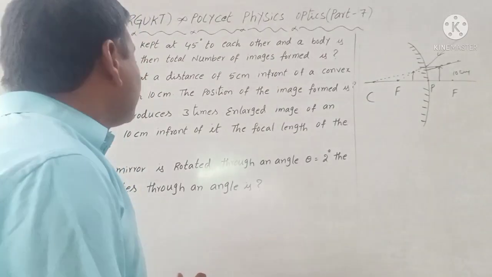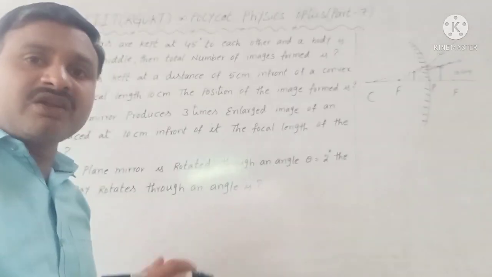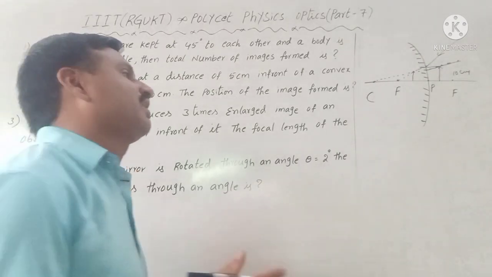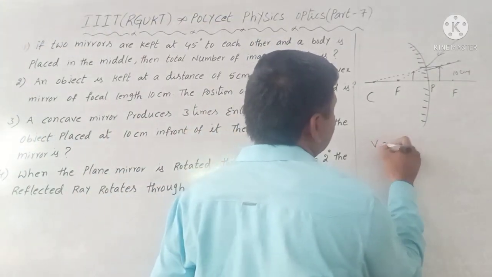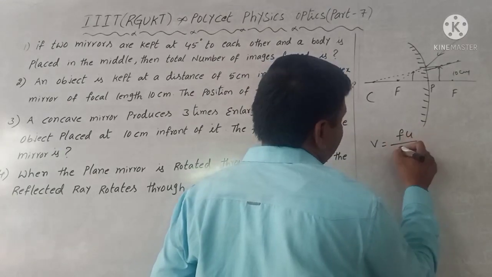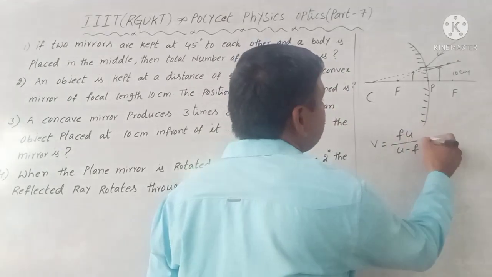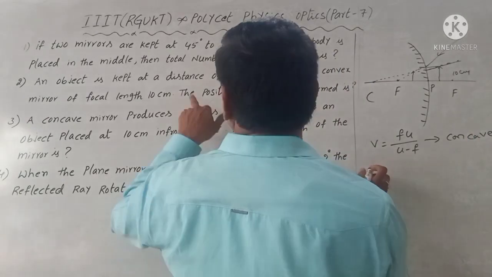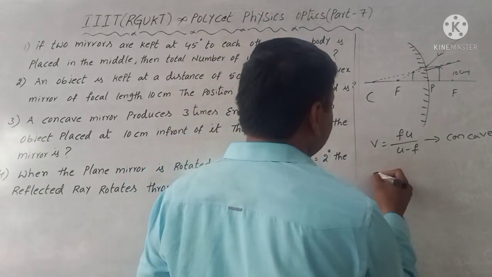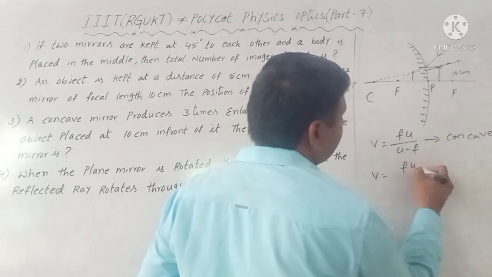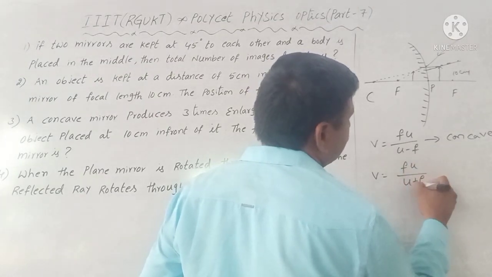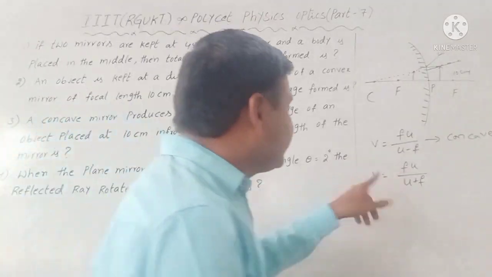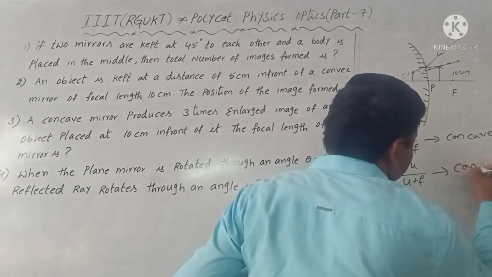Yesterday I said the concave mirror formula: the simplified formula gives image distance v is equal to fu by u minus f, used for concave. But for convex, we find the position of the image v as the product of these two by the sum of these two. Product of these two by sum of these two. It is the formula used for convex.